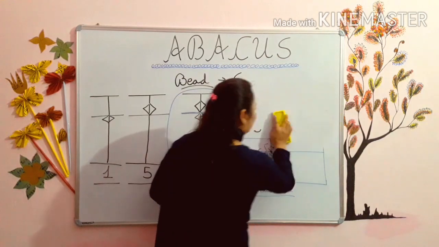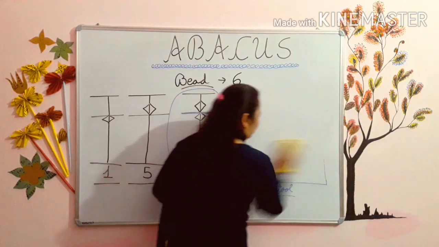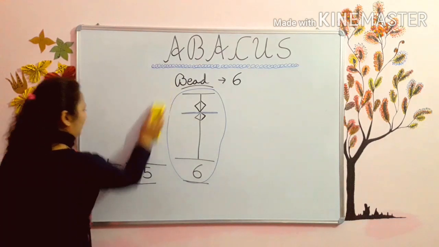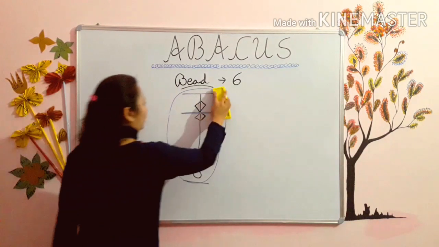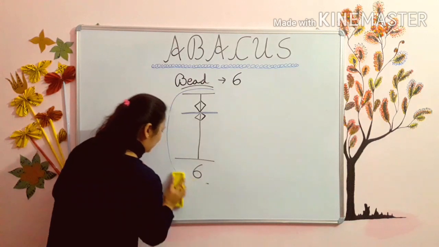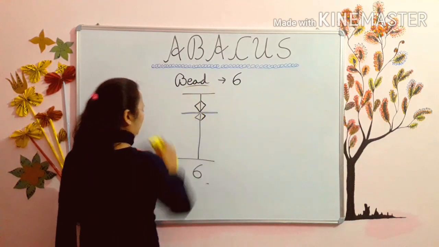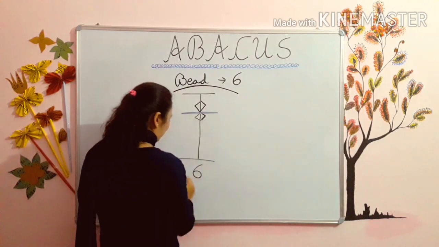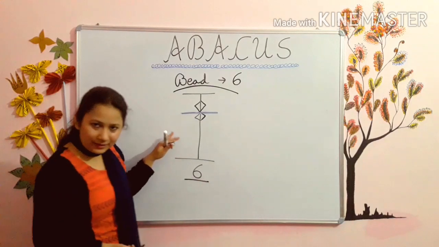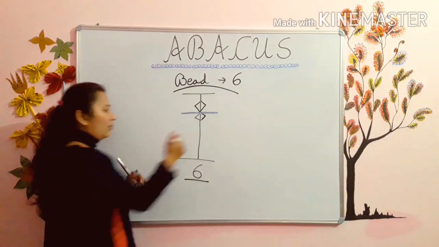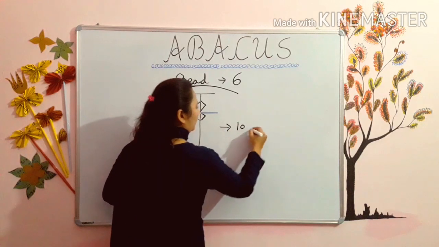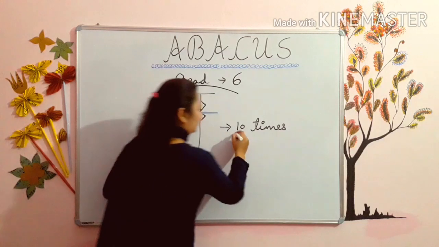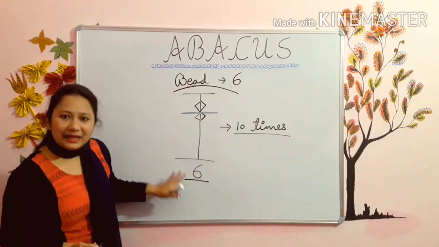I have made this just to explain to you. You just have to draw this bead 6 in your abacus notebook. How many times? 10 times. So that you will learn this.